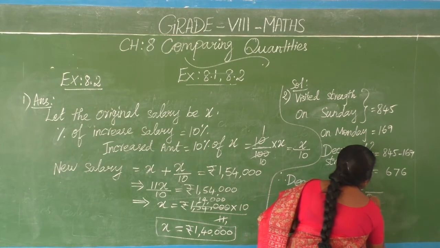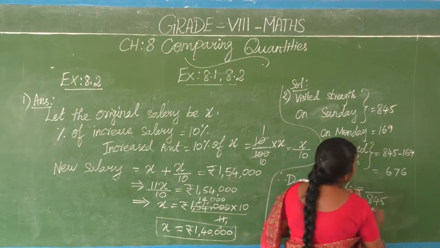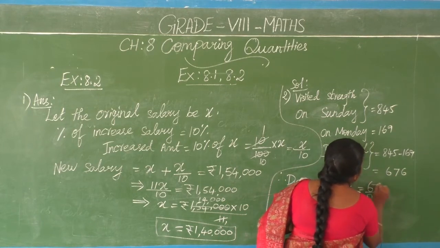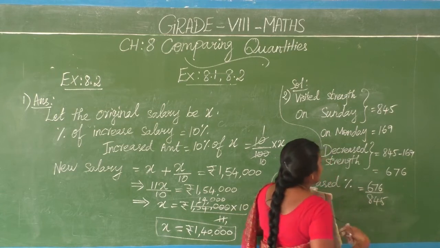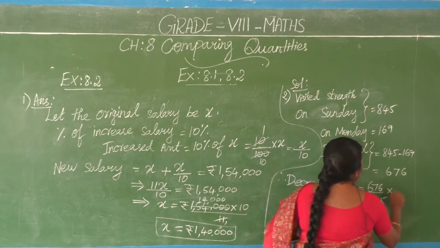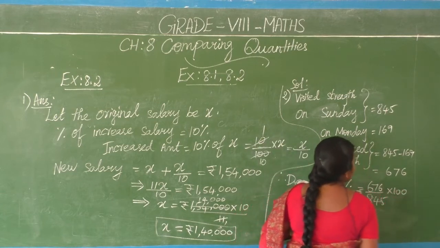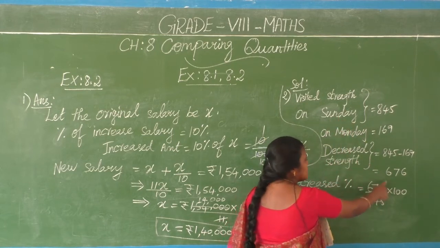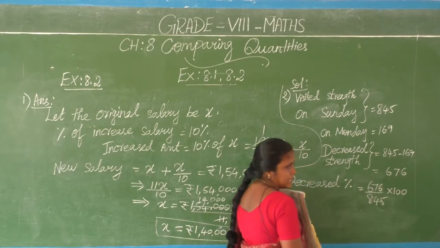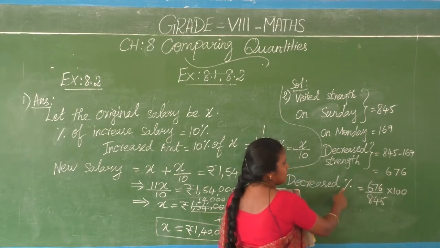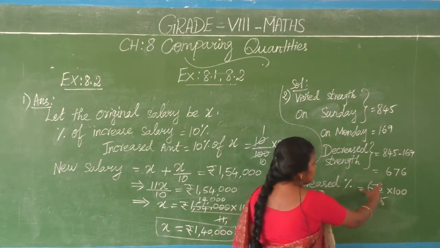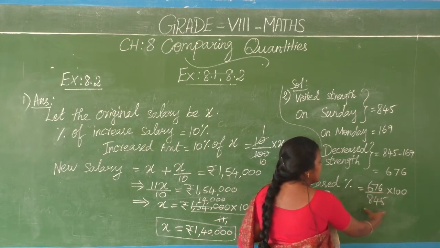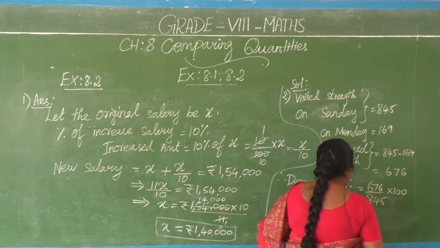Out of 845 people, the decreased strength is 676. That means out of 100, how much will come? This is our point. Clear? Based on the Sunday strength, the decreased strength is 676. For percentage, we have to multiply by 100. So the step here is 676 by 845 into 100.